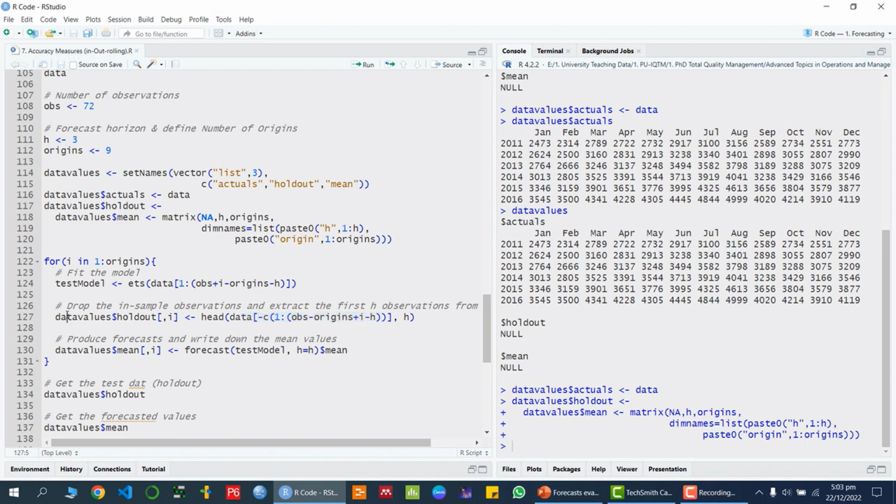With the help of this, we are dropping out the in-sample values. Now we are predicting the future values. That is basically the forecast, and it is based on the variable in which we have the model fit, that is the test model.